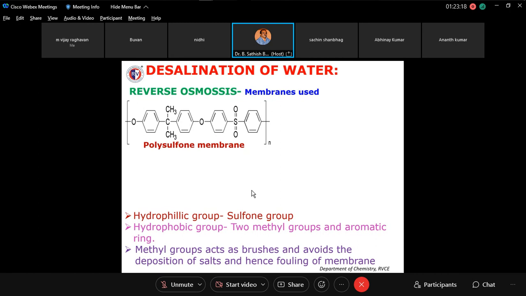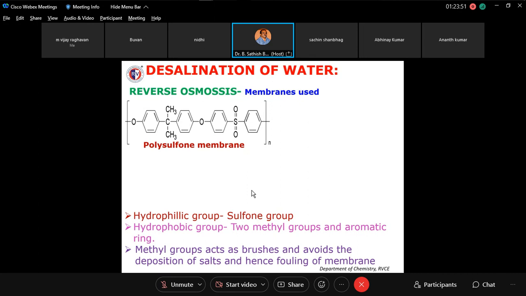If that happens, there will be a decrease in the filtration process. The membrane will be less effective, and the filtration process will be decreased, or sometimes stopped, when the whole surface of the membrane is deposited by impurities. So the filtration process will stop.